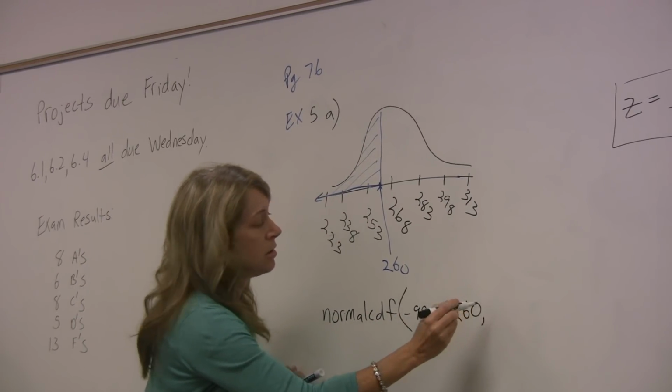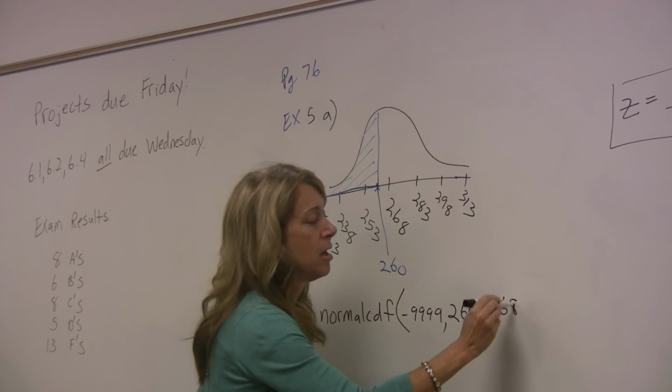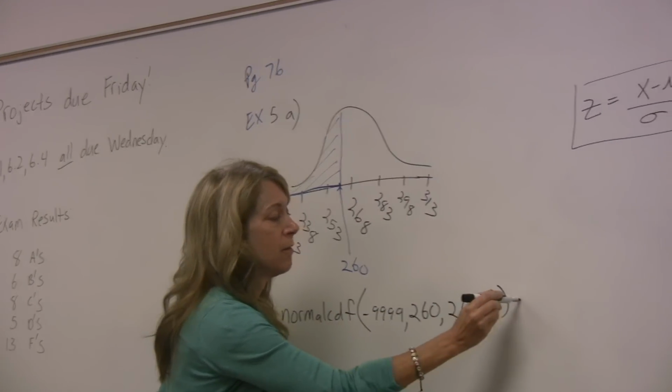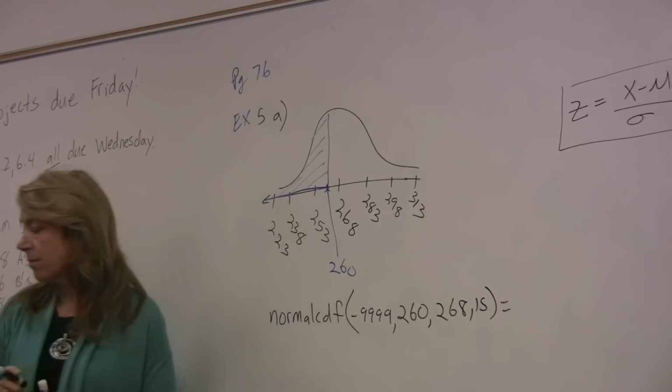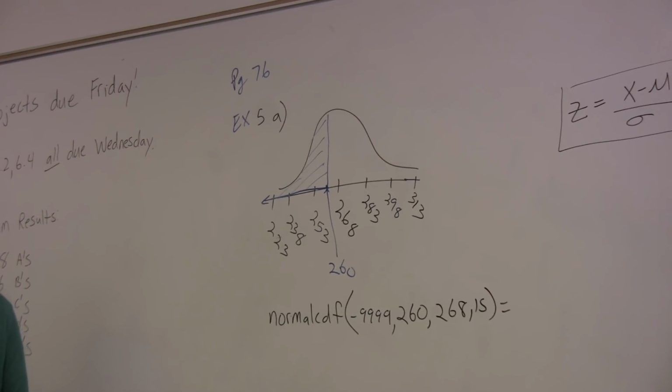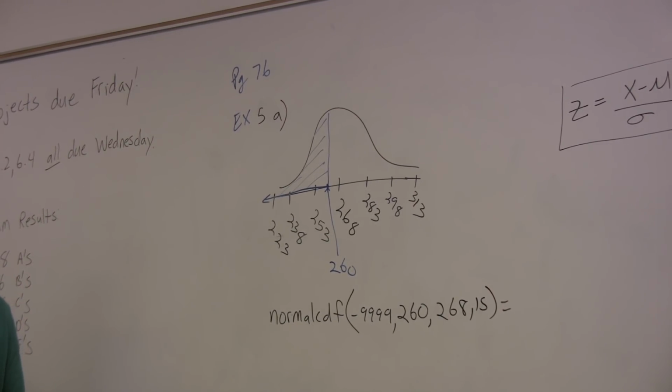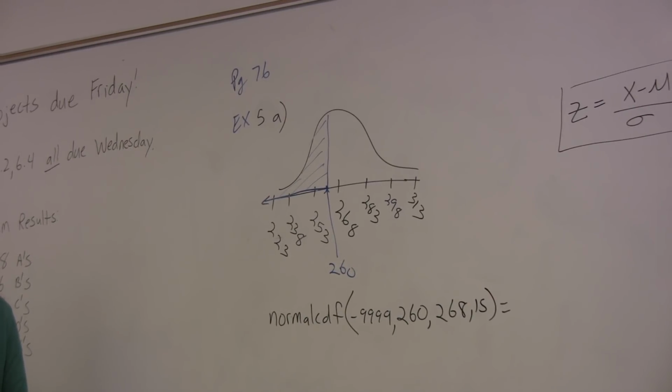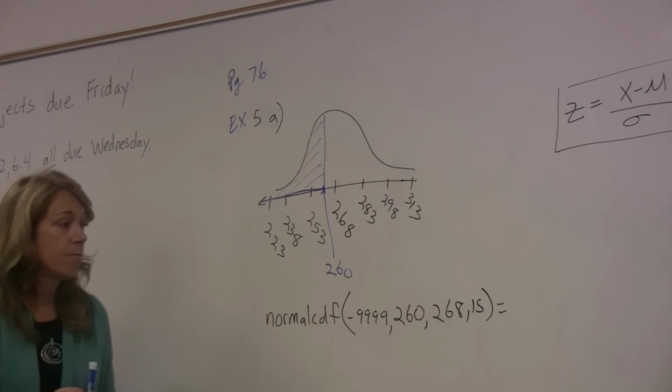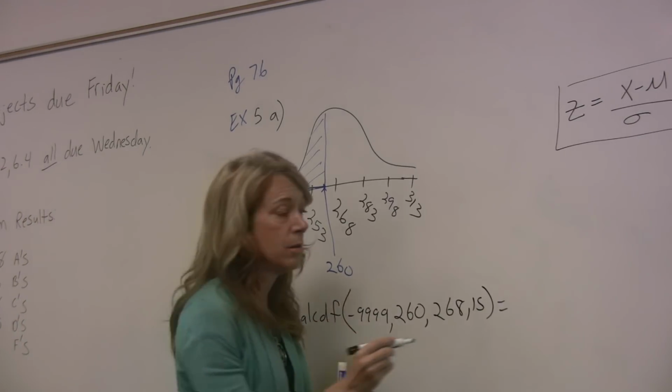My mean was 268. And my standard deviation was 15. What do we get? .2969.